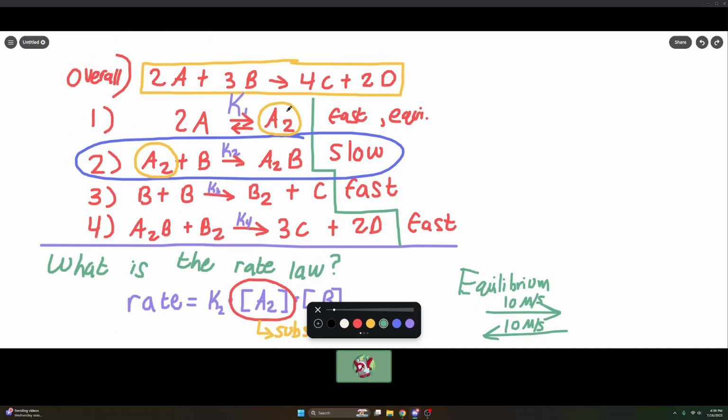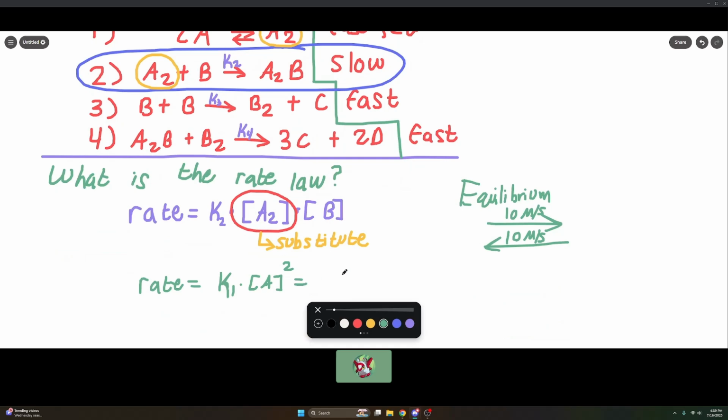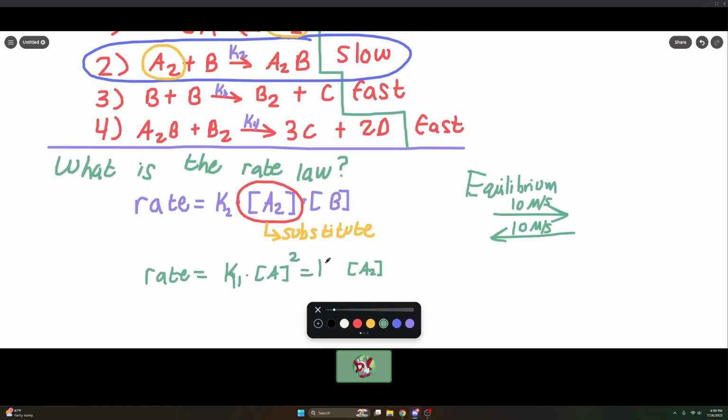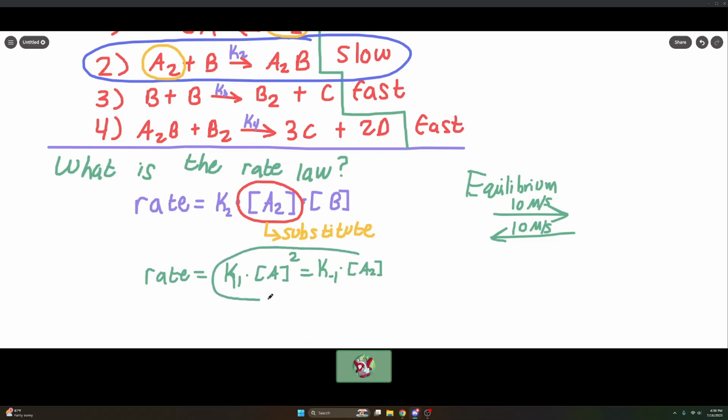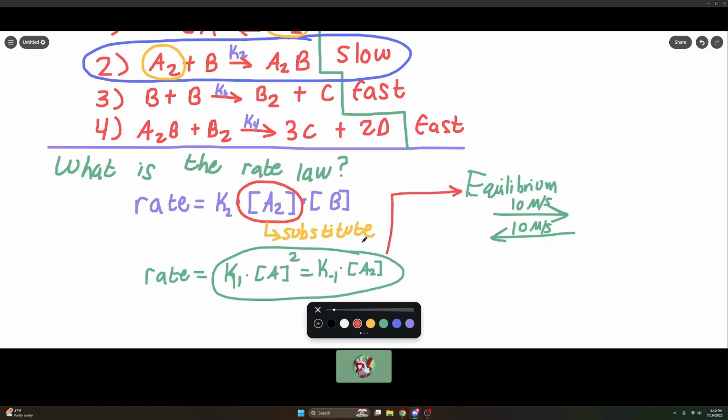Well, the reverse step would mean that this guy would be my reactant, which means the reverse would be the concentration of A2. And it also needs a K, so we just call it K-1. Negative to tell you it's the reverse reaction, right? And I know this is equal to the forward rate because it is equilibrium.